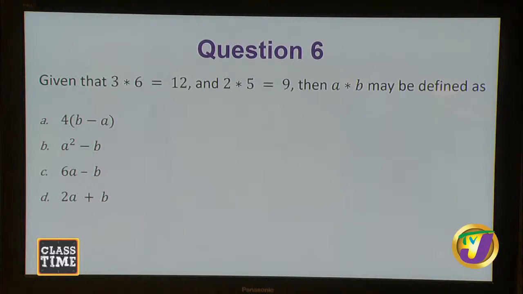All right, so let's go to question 6. And this is a follow-on from the previous one. But in this case, Latoya, we know that 3 asterisk 6 is actually 12, and 2 asterisk 5 is actually 9. And now we're being asked to find what is A asterisk B. What's defining that operation?